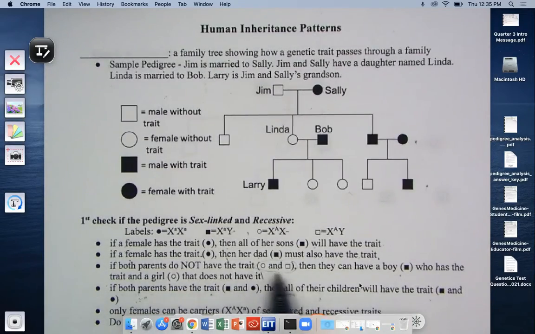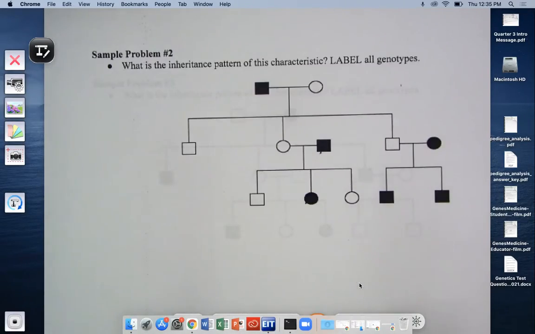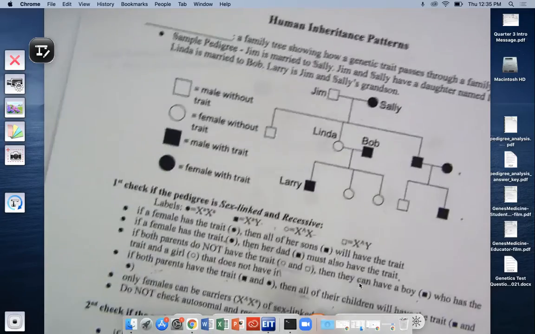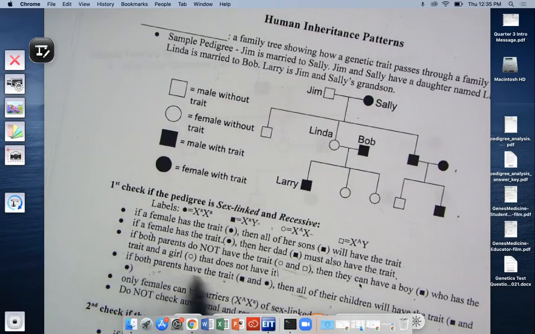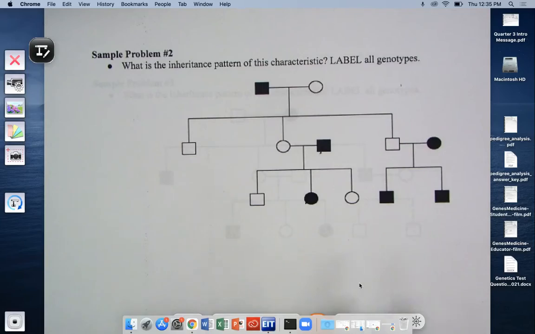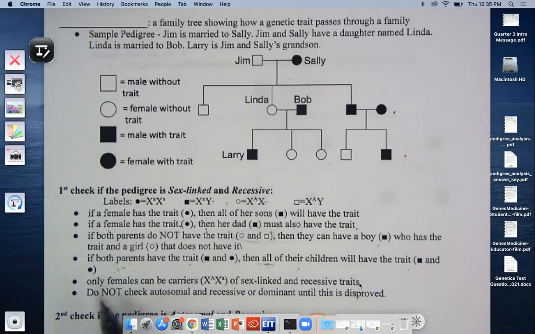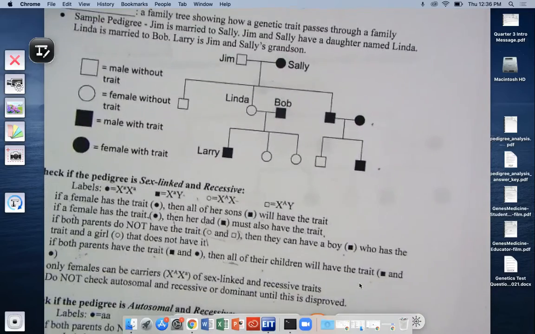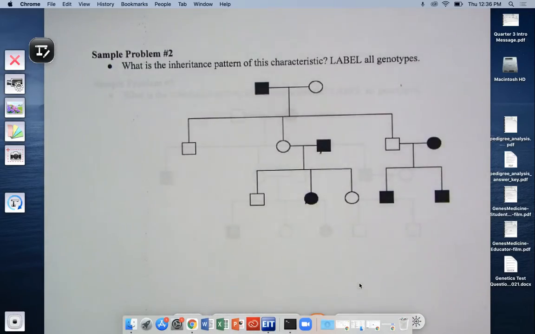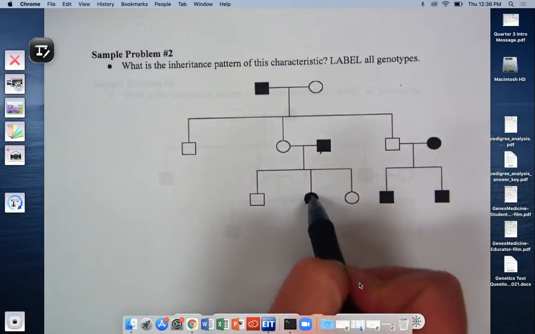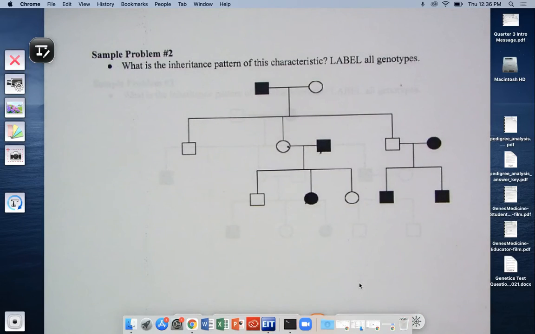If both parents do not have it, that's not a choice, so we'll skip that one. If both parents have it, well, that's not a choice. And only females can be carriers. That just means that you can have children and the female doesn't have it. But that one's kind of hard. I kind of skipped that one.